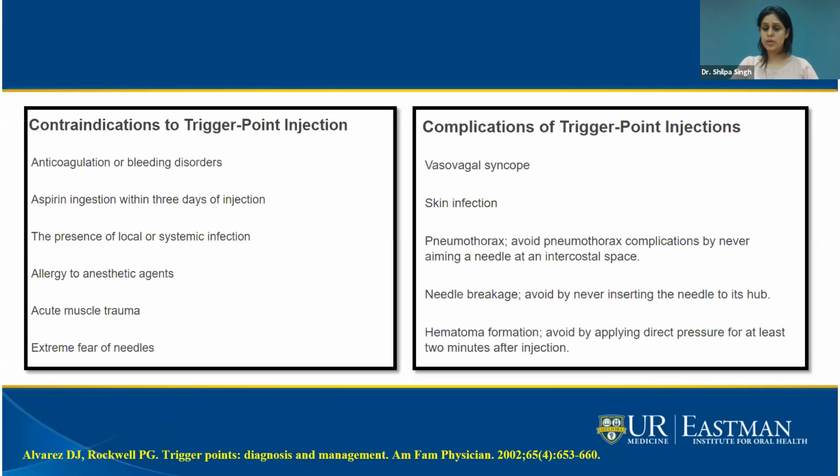Already there is a trigger point because of the loss of energy, ATP loss. We want to give more blood supply to that. So in trigger points, we only give carbocaine, which is good for muscles, and we do not want to give epinephrine because that's a vasoconstrictor.